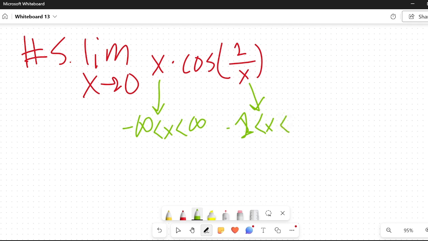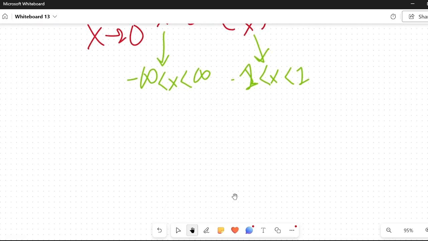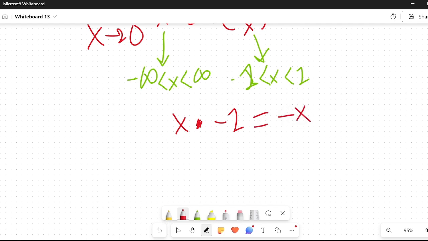We know that all trigonometric functions are squeezed between -1 and +1. So if we evaluate this, we know that it has to be greater than or equal to x multiplied by -1, or negative x, and less than or equal to x multiplied by 1, which is just x.